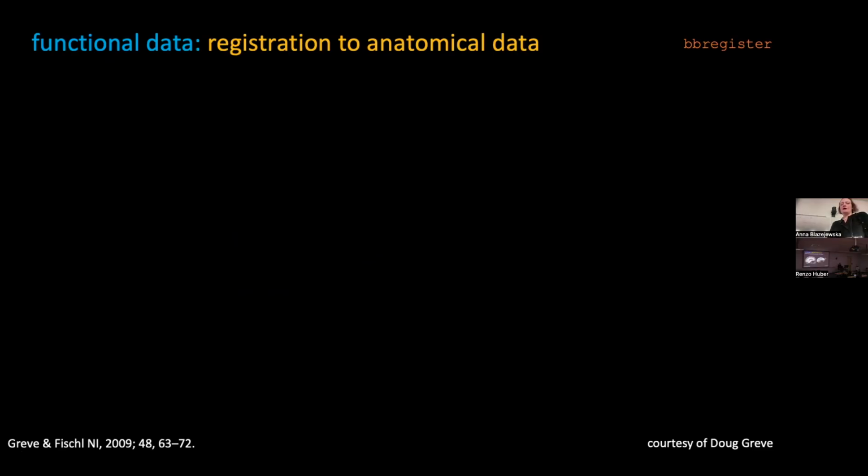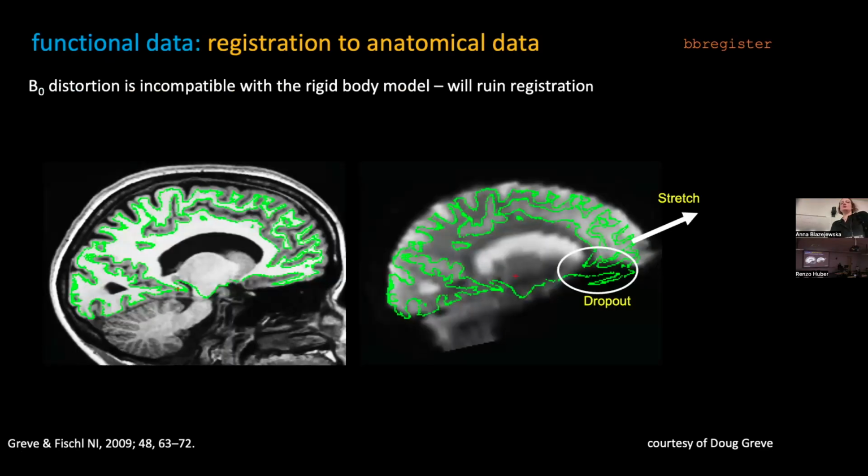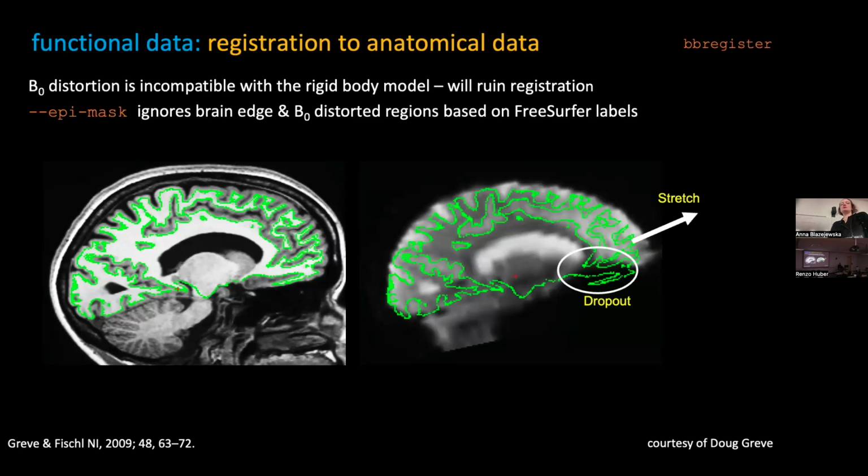Another trick that we can do is use the label to mask out the distorted regions for the registration. If this is a concern, we can use this mask, which is based on the Freesurfer labels, and these regions will not be taken into account in the registration. This is the flag that can do that.